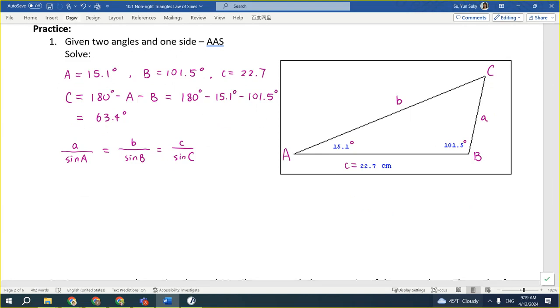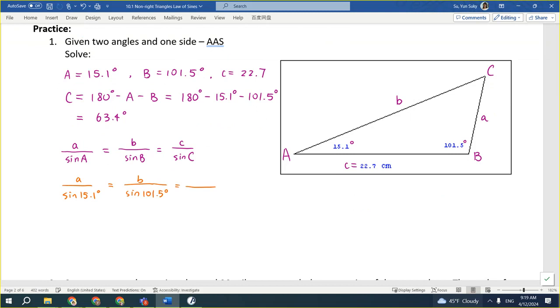Now we can plug in all the known values. Do we know A? No. Do we know the angle A? Yes, that's 15.1 degrees. Do we know side B? No. Do we know angle B? Yes, 101.5 degrees.